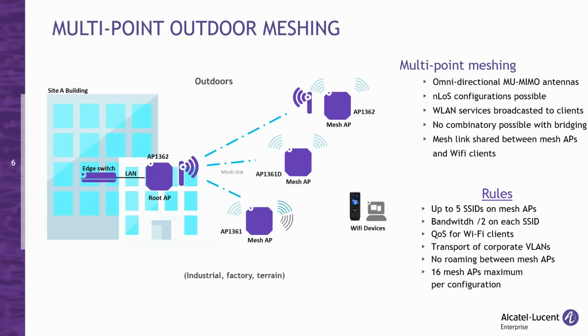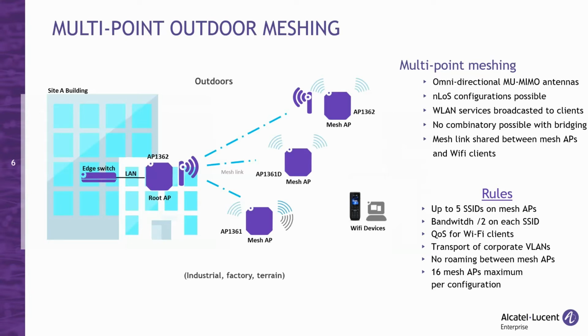For each mesh access point, the global traffic capacity of the root mesh is shared between mesh links, mesh APs, and client SSIDs. Then bandwidth is divided by 2 for each SSID traffic. Each mesh AP can broadcast up to 5 SSIDs for outdoor Wi-Fi clients.